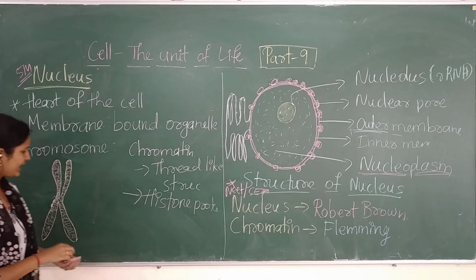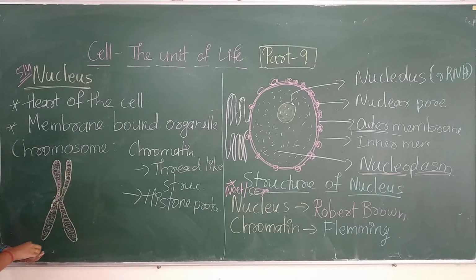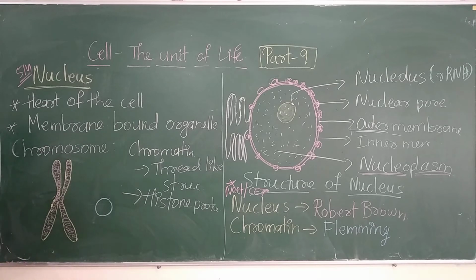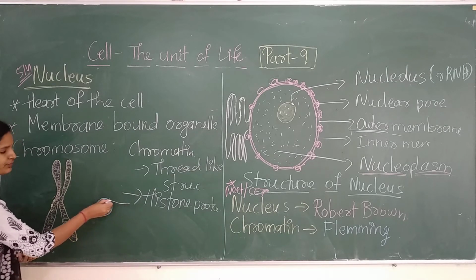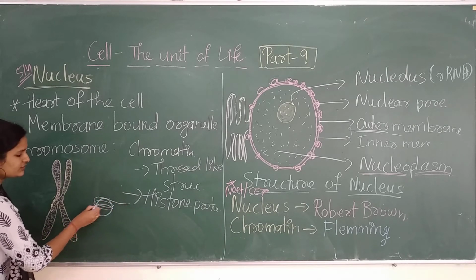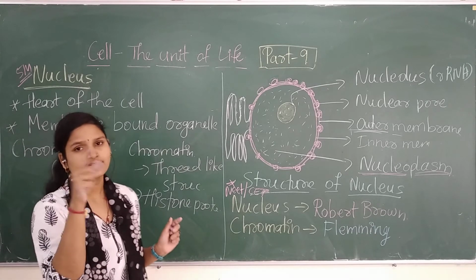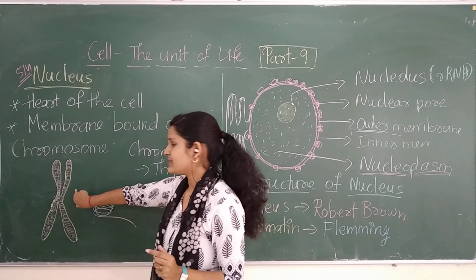For example, I am enlarging this portion. If this is a histone protein, it will be an octameric structure. Then our DNA is going to be coiled around this, so that the length will be shorter and it can fit into this chromosome. But in case of interphase, there will be no arrangement like this.